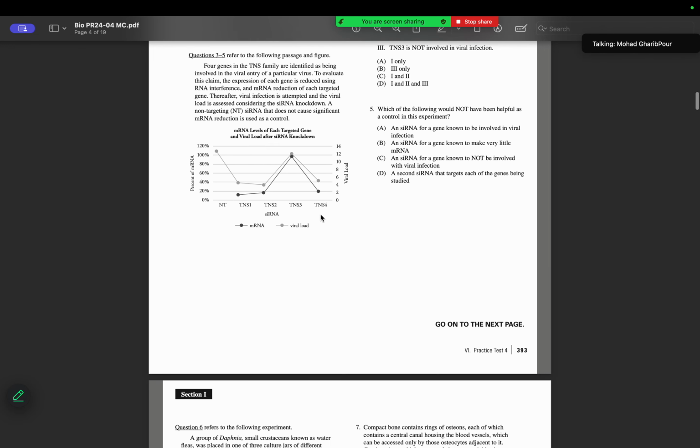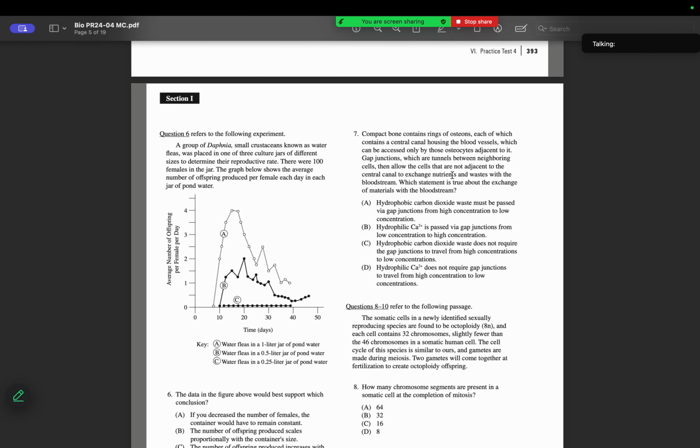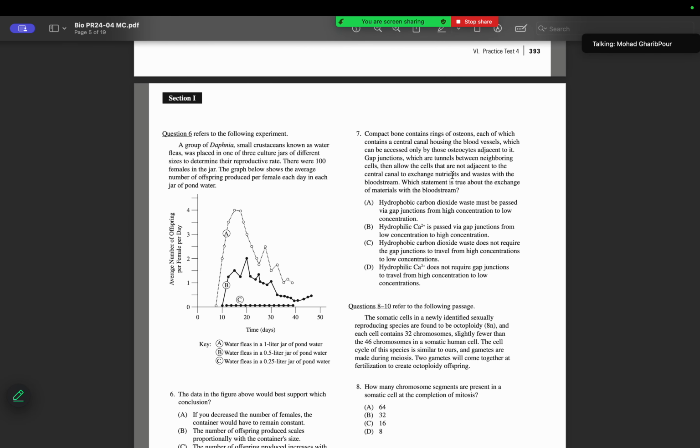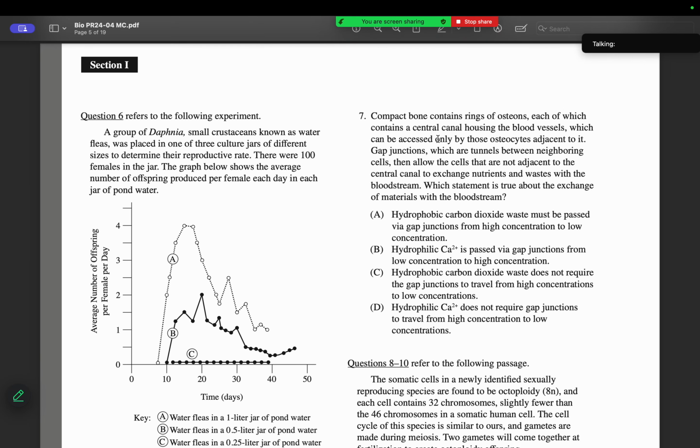Number 7. Just zoom in here. Compact bone contains rings of osteons, each of which contains a central canal housing the blood vessels, which can be accessed only by those osteocytes adjacent to it.